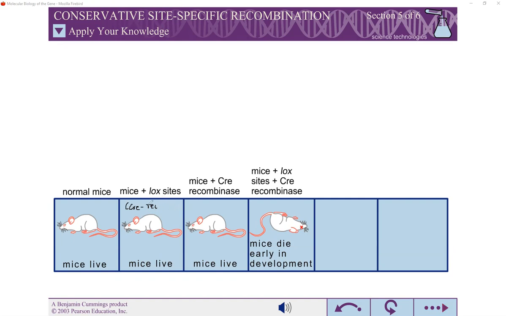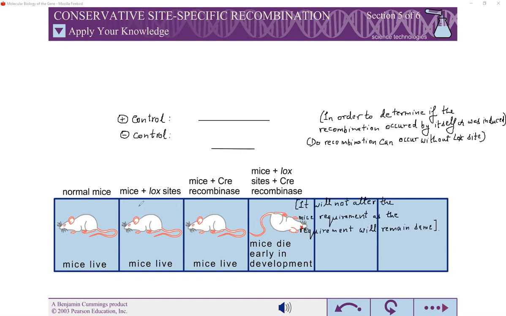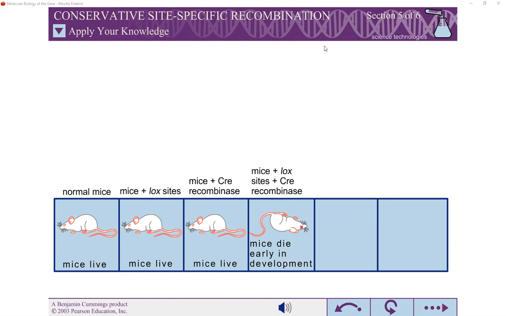I cannot get the entire word, so I will just write Cre. Okay, Cre is absent. As lox is present, so this is a positive control.